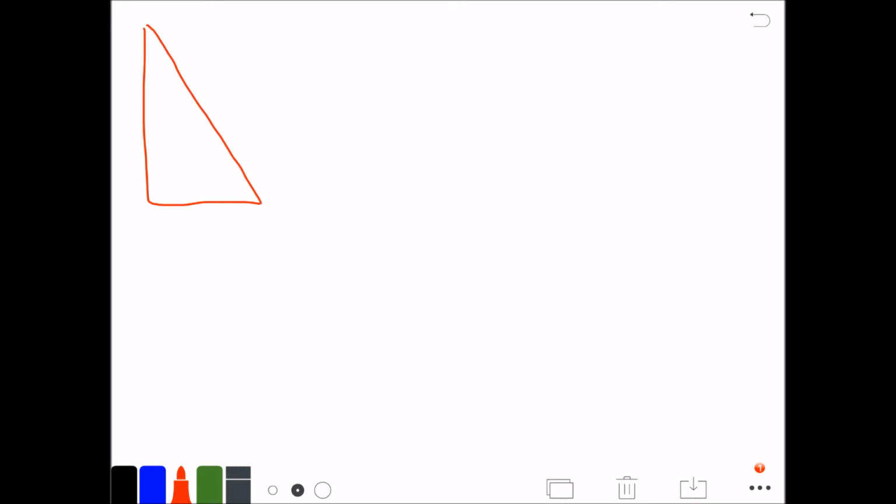Okay. And this is 60, and that side's 30. So we can tell that the 30 side will make it x. The hypotenuse will be 2x, and then the 60 side will be x times root 3, right?